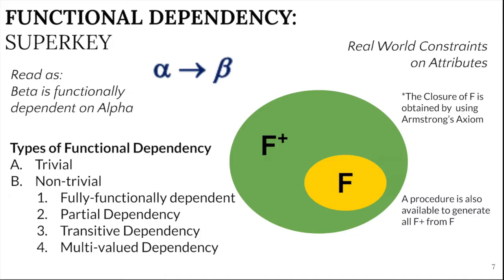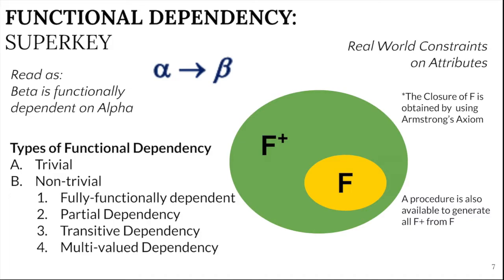And then, we also have what we call the closure of F. Note that F is just a set of alpha to betas, and of course there is not just one functional dependency in a table. You can, in fact, obtain more functional dependencies that are logically implied by F and call it the closure of F. That is done by using the Armstrong axioms.